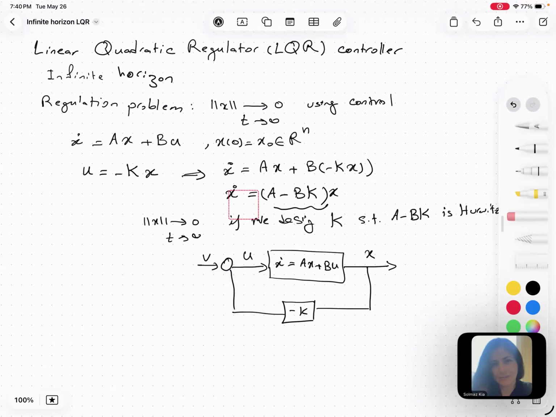But for now, let's just focus on the regulation problem. So far, this was the controller that we designed. And usually we guided our design objective by pole placement.